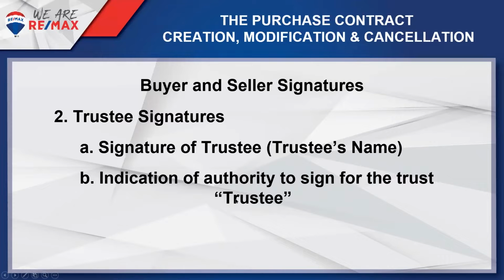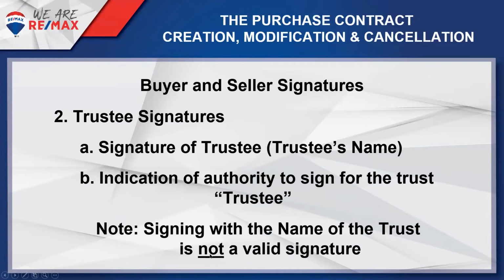And so the phrase trustee is generally used. So, if Diane was the sole trustee of a property that we owned in a trust, Diane would sign Diane Klein, trustee. Simple as that.